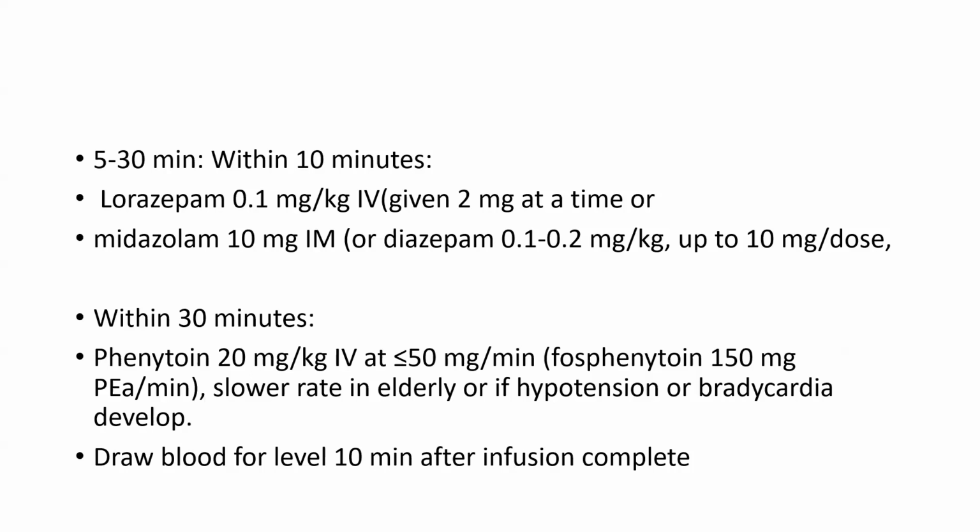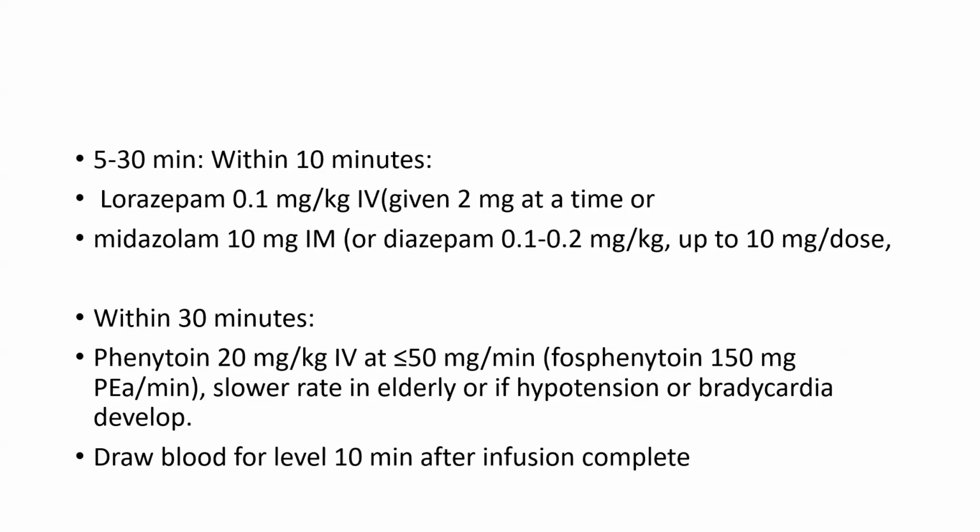Then within the next 30 minutes, our aim should be to stop the recurrence of seizure. For that purpose, we need to administer phenytoin, that is 20 mg per kg at less than 50 mg per minute, or fosphenytoin 150 mg phenytoin equivalent per minute. Use a slower rate in the elderly or if hypotension or bradycardia develop.